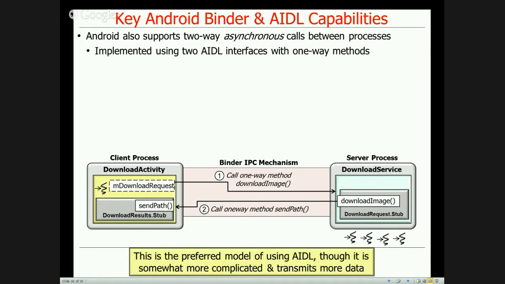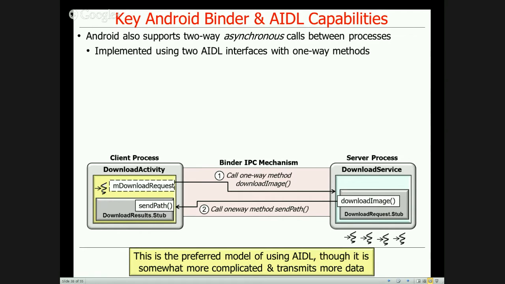I actually prefer this model of AIDL. This is the one that I've come to know and love over time. Even though it's a little bit more complicated and transmits more data, it's also more flexible, and it's less error prone in a lot of ways, because you don't have to worry about things blocking for too long.